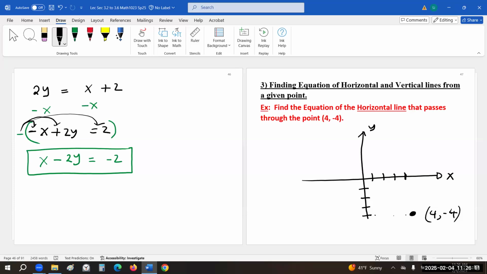So how can you draw a horizontal line that goes to this point? Does the horizontal line go this way or that way? Left to right, right? So all you have to do is draw the line from left to right of this point. So this is the horizontal line you're looking for.